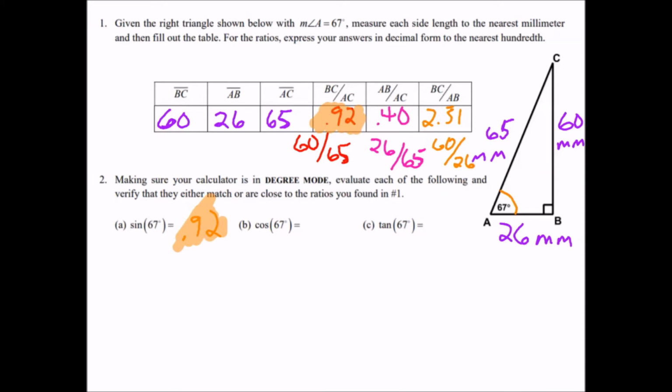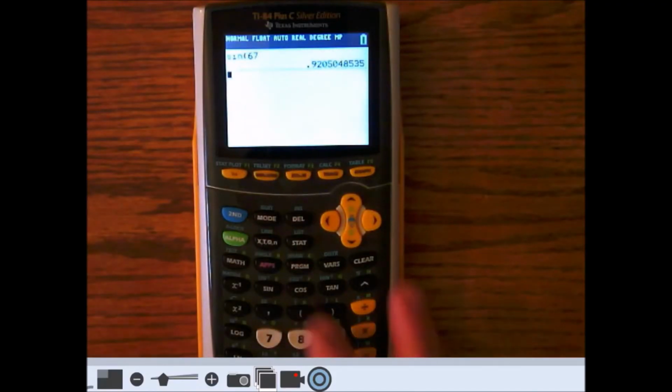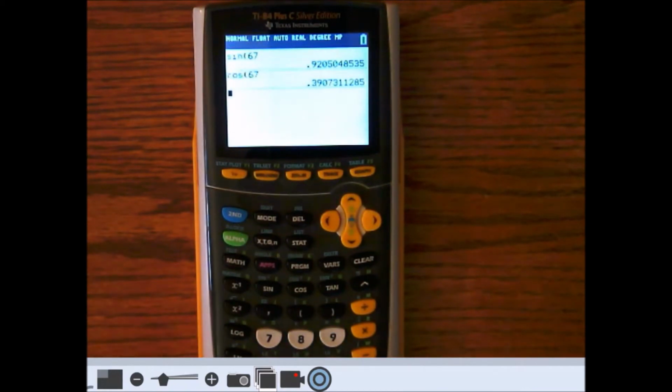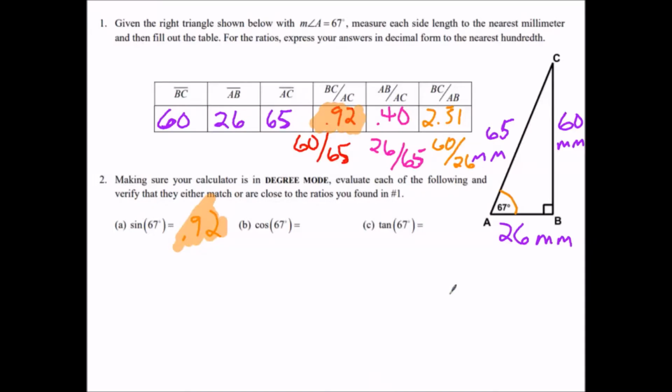All right, cosine 67 is 0.39. And just note that that number is pretty darn close to 0.40.